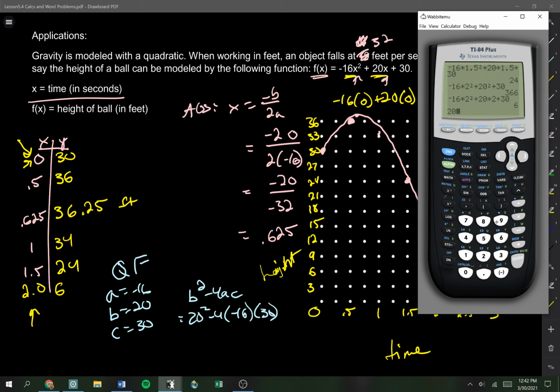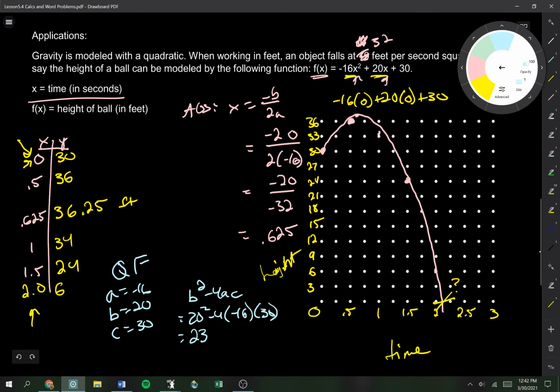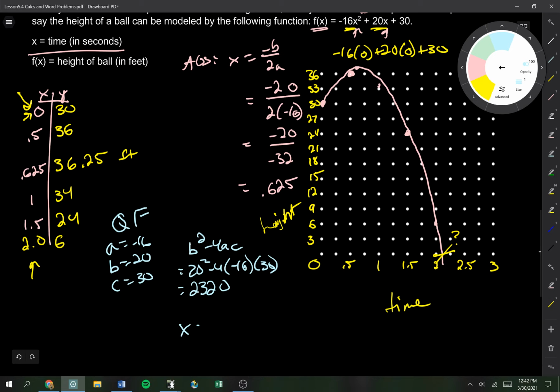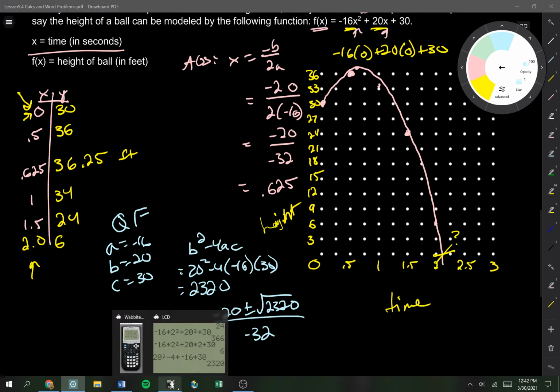20 squared minus 4 times negative 16 times 30. So this comes out to 2,320. That's my discriminant. My discriminant is positive 2,320. So now I can do x equals negative b plus or minus the square root of 2320, all divided by 2 times a, and 2 times a is negative 32, because a is negative 16.